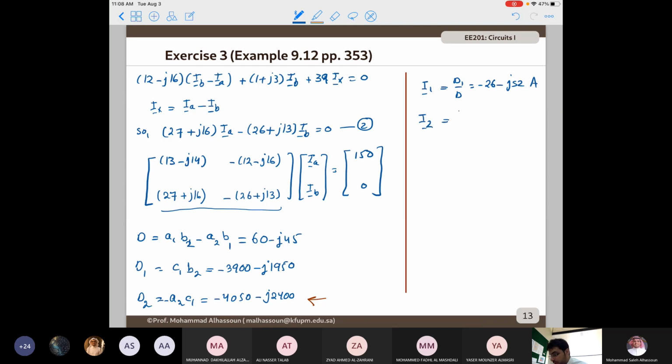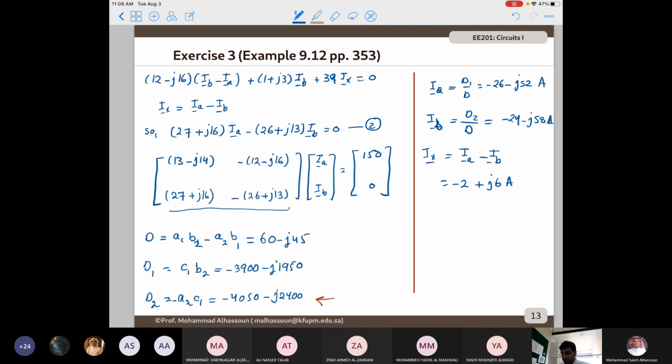I2 is going to be D2 divided by D, and this is going to give you negative 24, negative J58 amperes. IX, this is IA, this is IB, and it's going to be minus 2 plus J6 amperes.